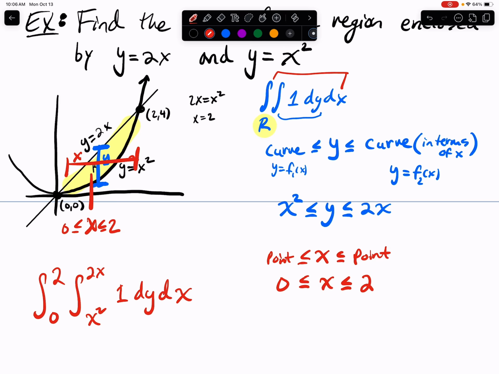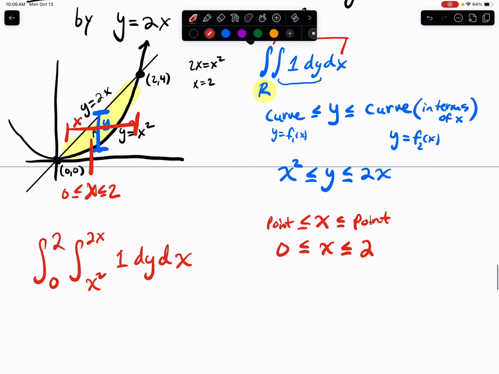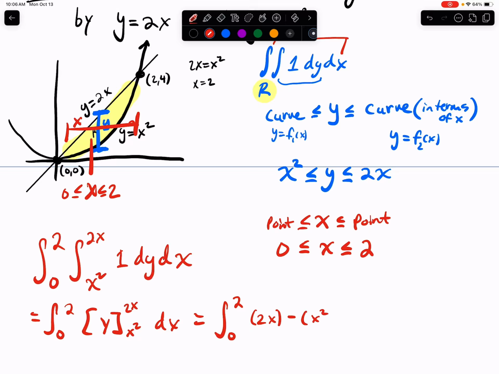Whenever I integrate this, what do I get? The integral from 0 to 2 of y from x squared to 2x dx. And this is the integral from 0 to 2 of 2x minus x squared dx. So that's x squared minus x cubed over 3 from 0 to 2.